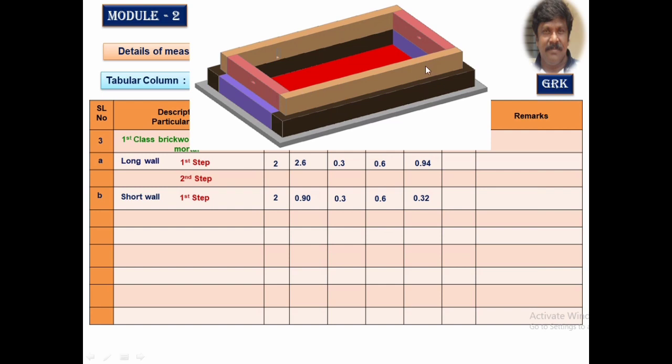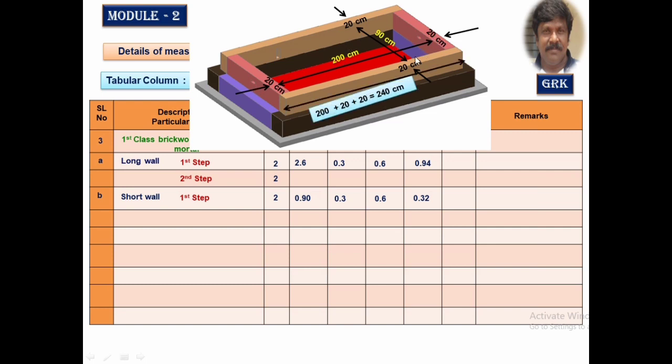The thickness of all these walls is 20 centimeters as given in the problem. Therefore, the length of the long wall will be equal to 200 plus 20 plus 20 equal to 240 centimeter, equal to 2.4 meter.